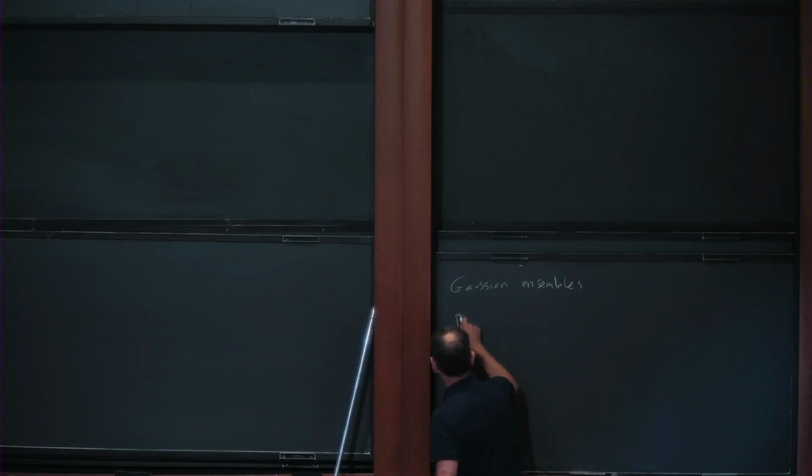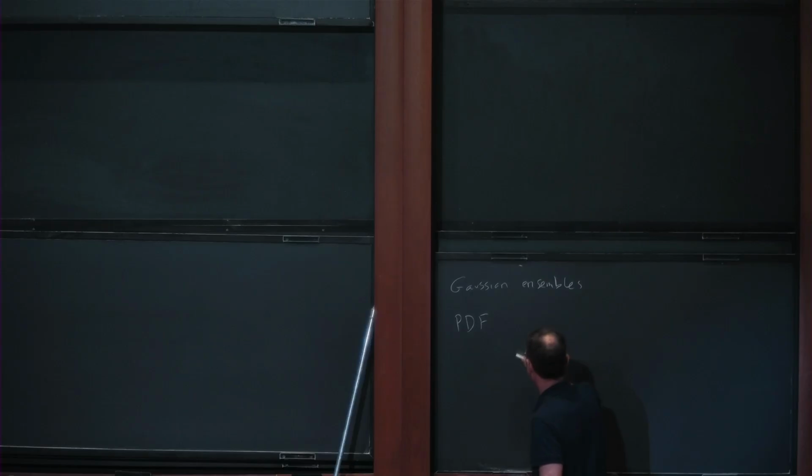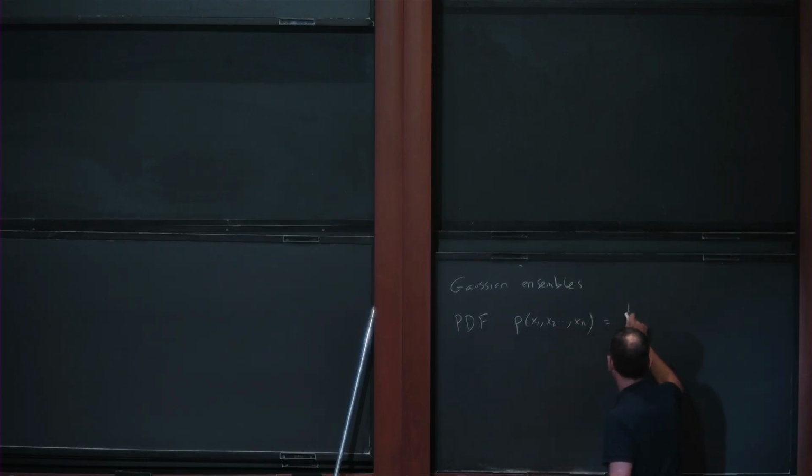So one way of defining this is in terms of the probability distribution function. This is how Barak did it yesterday. You say that the probability of x1, x2 up to xn is a normalization factor. It's 1 over the square root of the determinant of 2 pi times the covariance matrix.